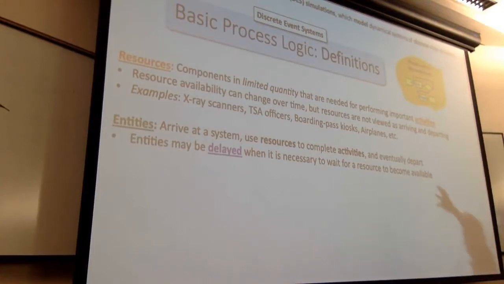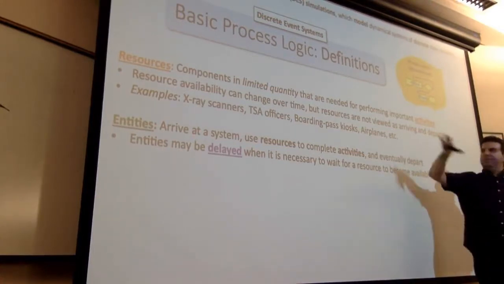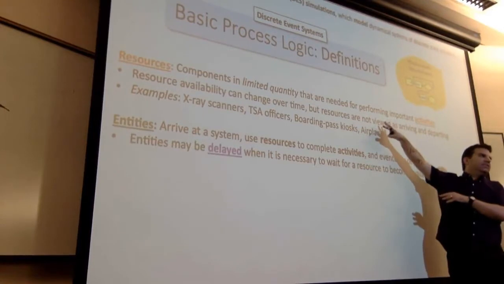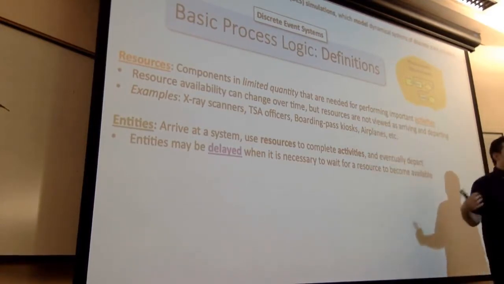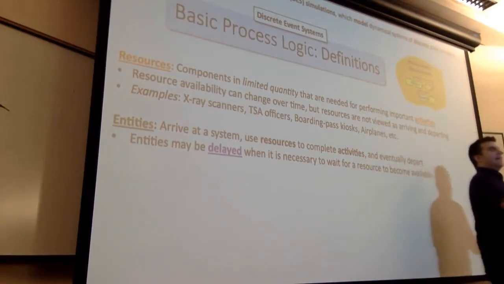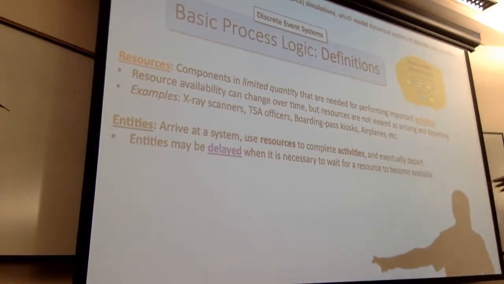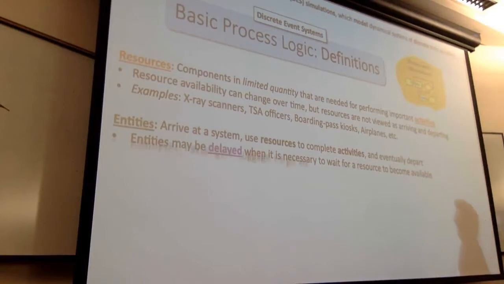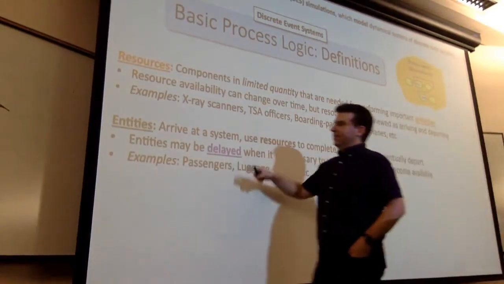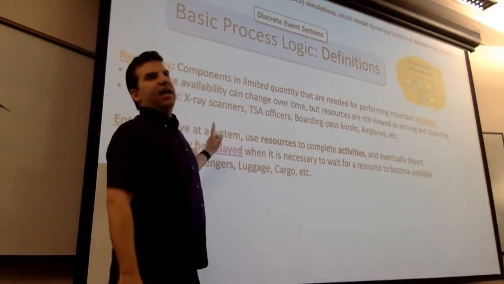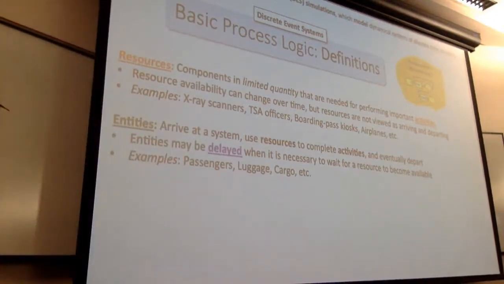Anything that is involved in the structure of the system is a resource, but the things that are using the system, that are just passing through, are the entities, and they're the things that are made to wait. And that wait is something that we refer to as a delay. When you're waiting on something, not because you knew ahead of time it was going to take roughly this amount of time, but due to some state of the system, then that's a delay.